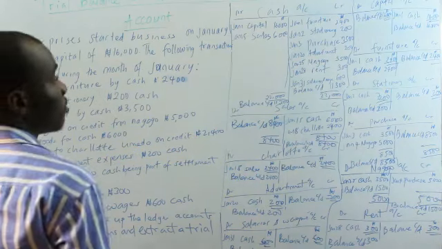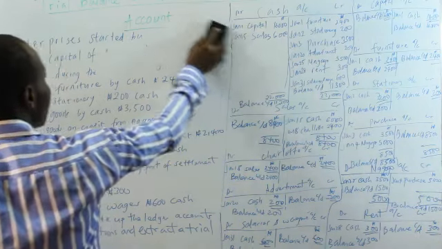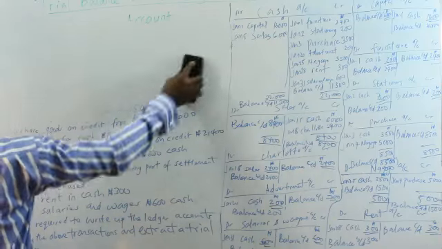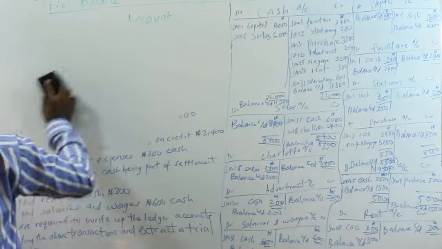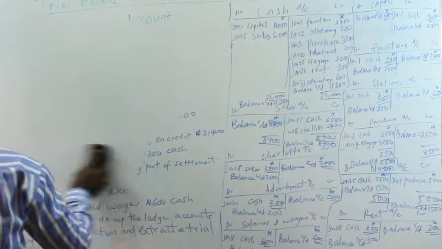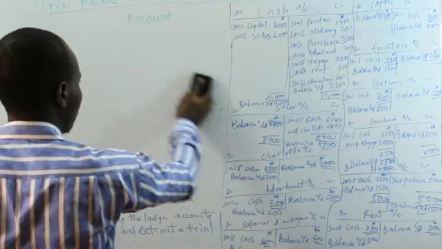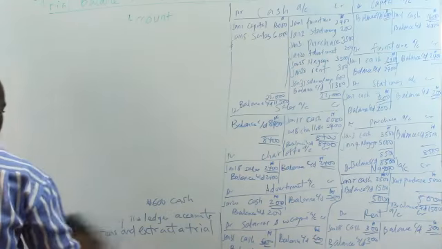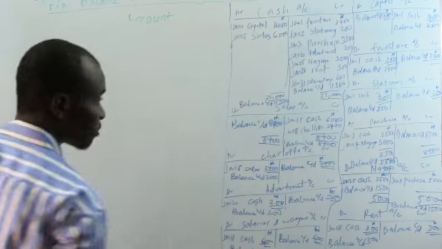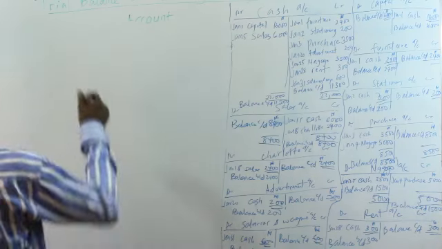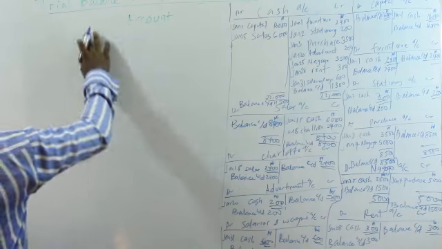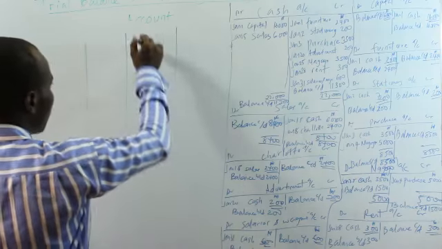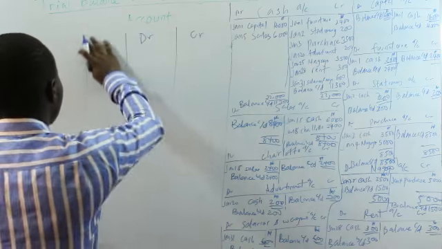So you can open the trial balance. So we have the debits and the credits.